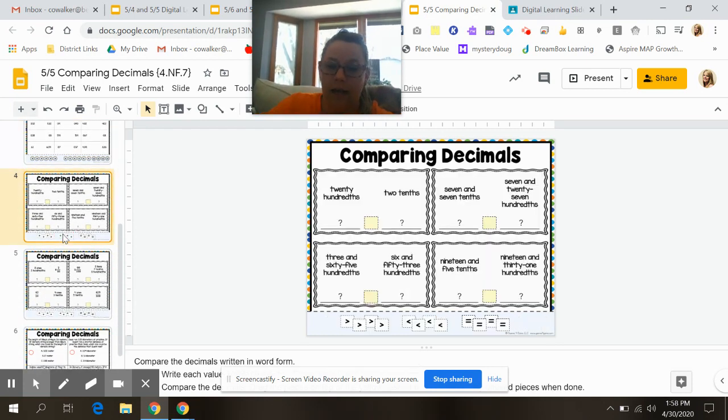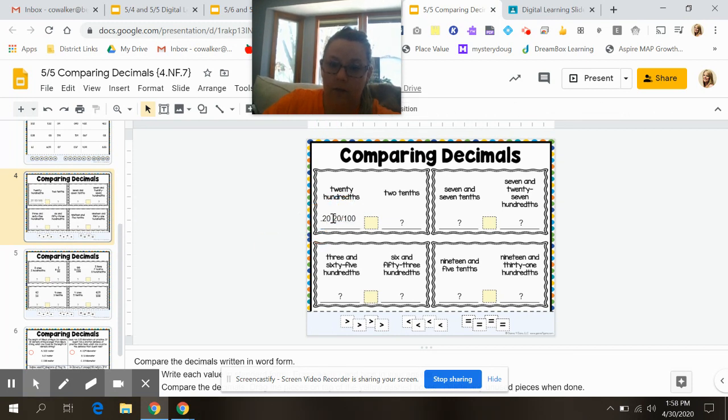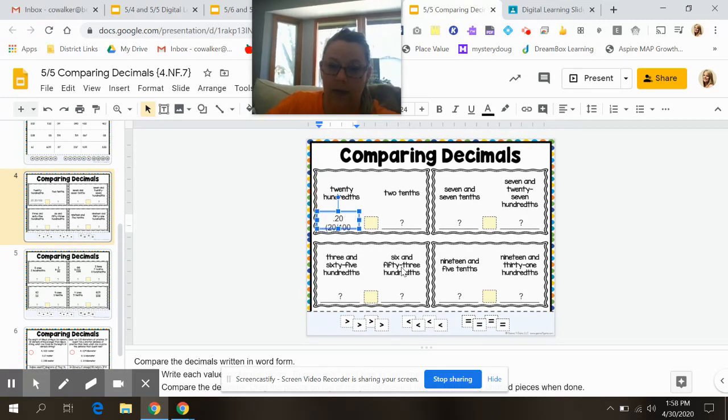These next 2 slides, you are going to say, well, I have 20 hundredths. So you could either write it like this, or you can write it like this. You could do either. So you could do both the decimal and the fraction, or you could just do the decimal. Whichever way, at this point, it's easier for you to see. You will have to be able to determine the decimal, though. And then you've got 2 tenths.